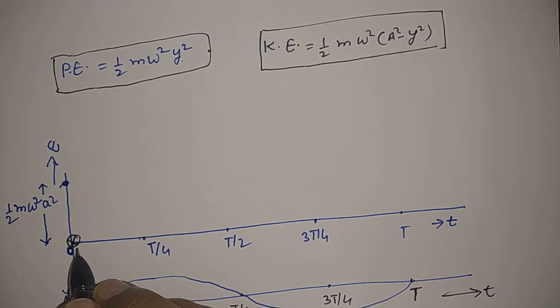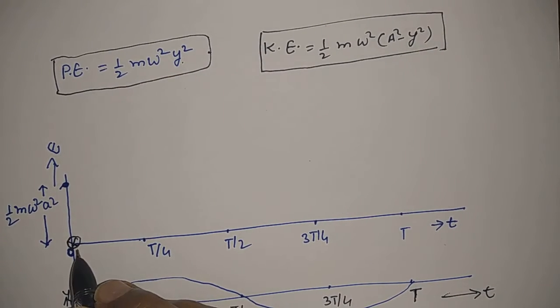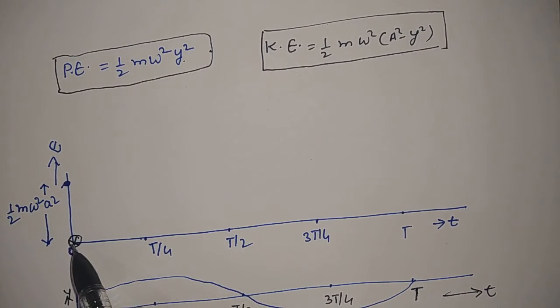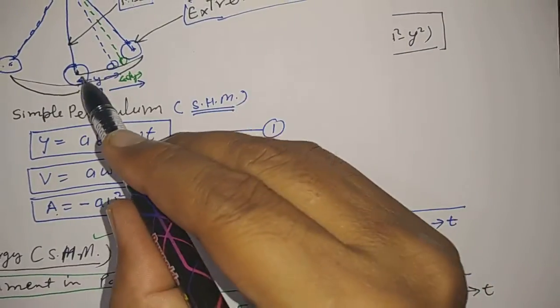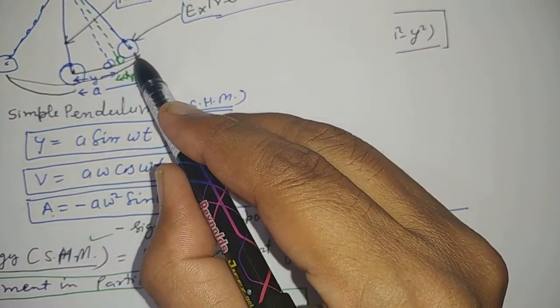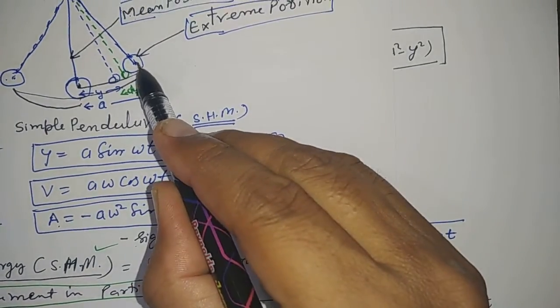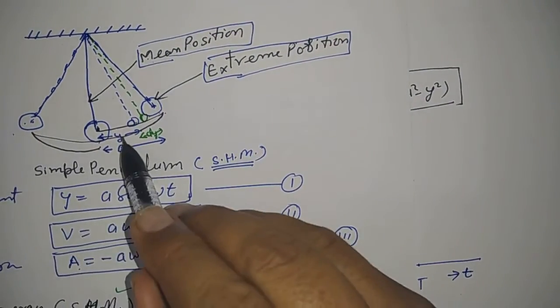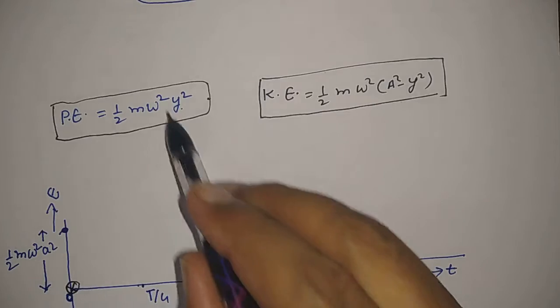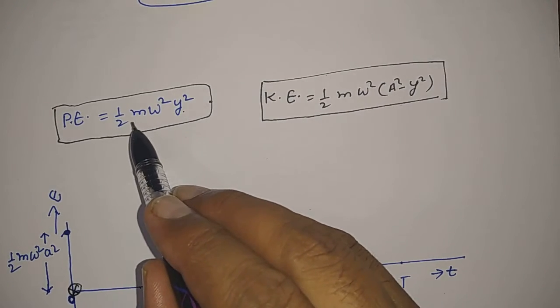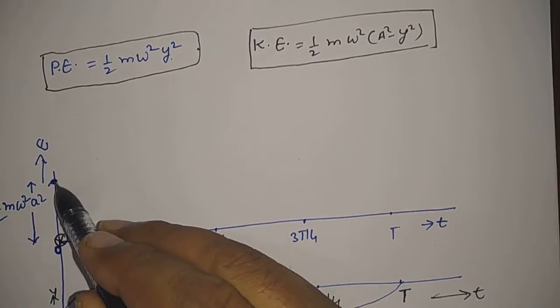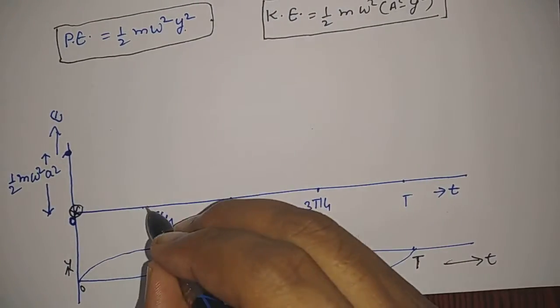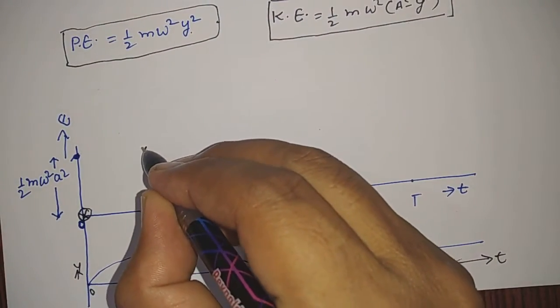At t equal to 0, time is 0, displacement is 0, energy is 0. Now see, at t by 4, the extreme position, where displacement y is equal to a, the potential energy becomes half m omega square a square. See, this is the line half m omega square a square.